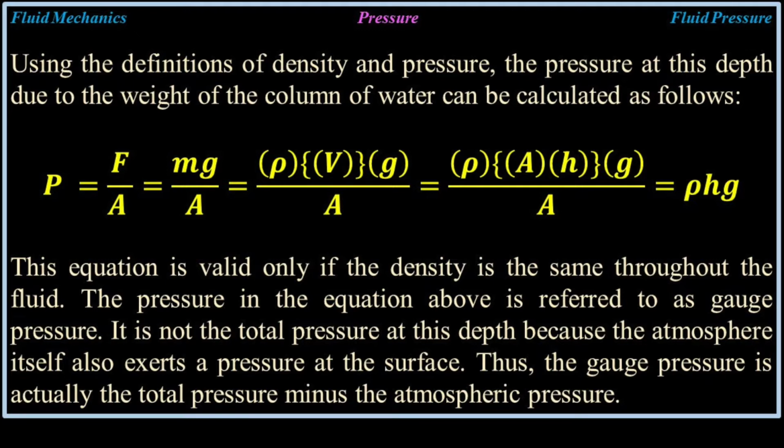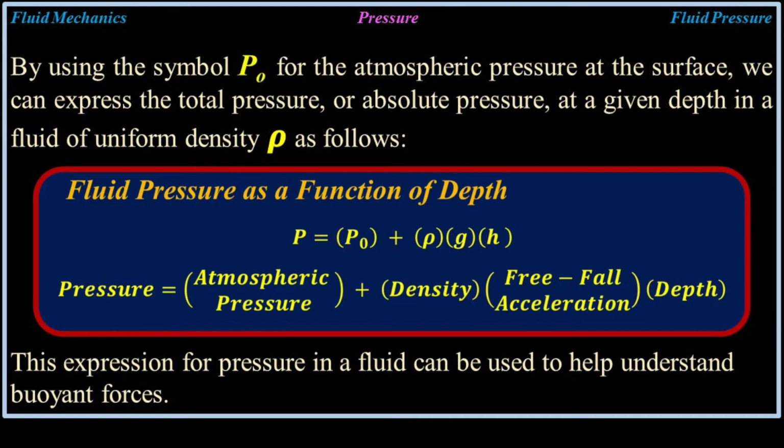The pressure in the equation above is referred to as gauge pressure. It is not the total pressure at this depth because the atmosphere itself also exerts a pressure at the surface. Thus, the gauge pressure is actually the total pressure minus the atmospheric pressure.